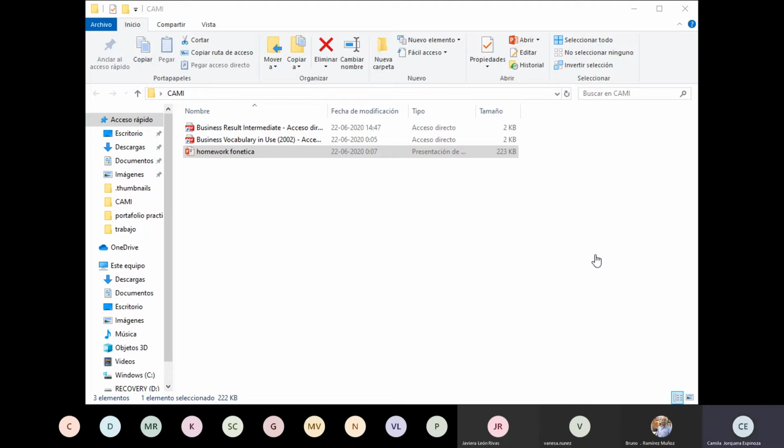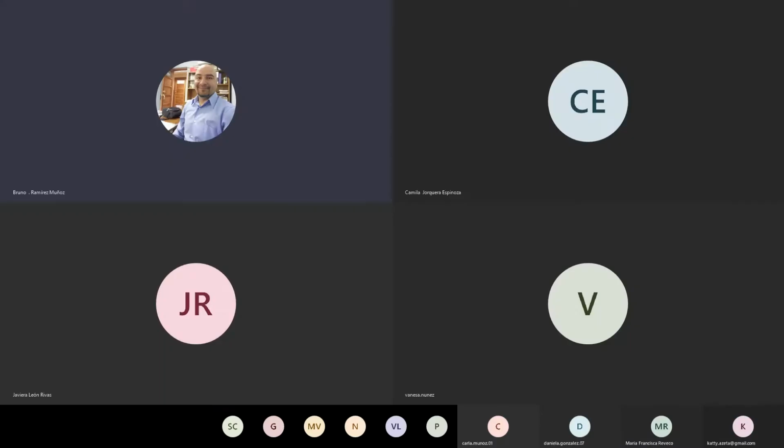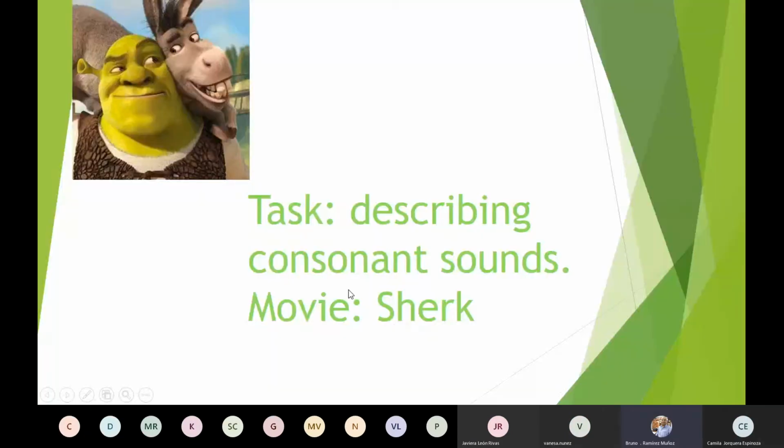I don't know how to share it because I can see it. So you're sharing the screen, just like with the three dots. No, wait a minute. Okay, now we can see it. Okay.